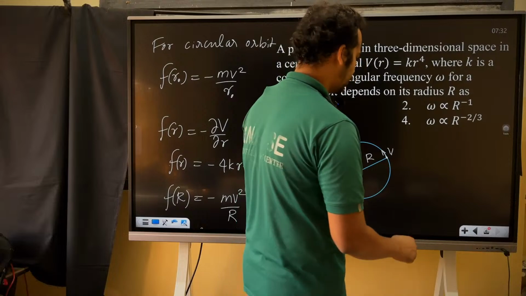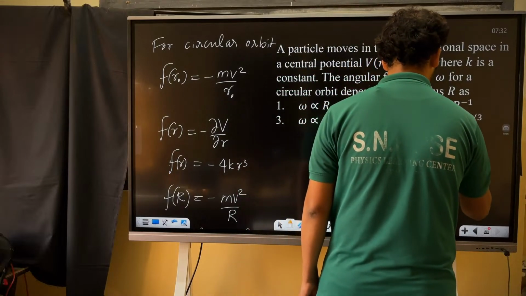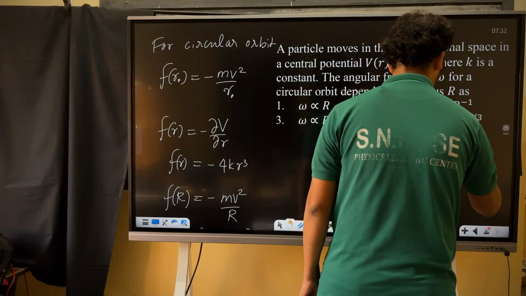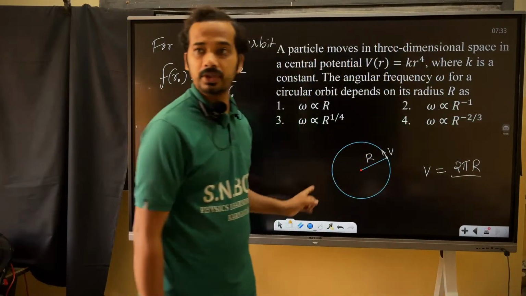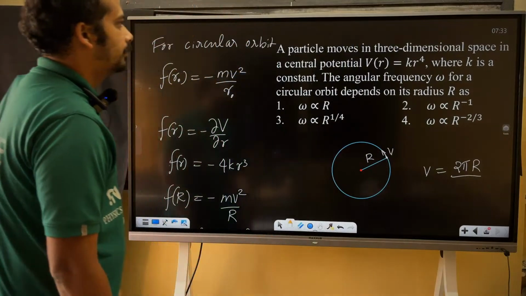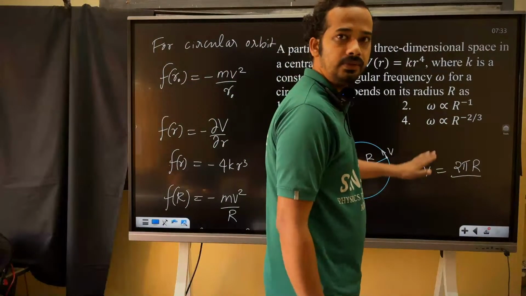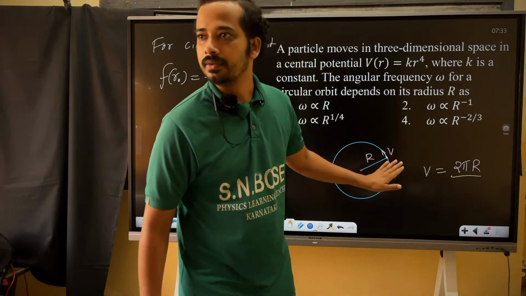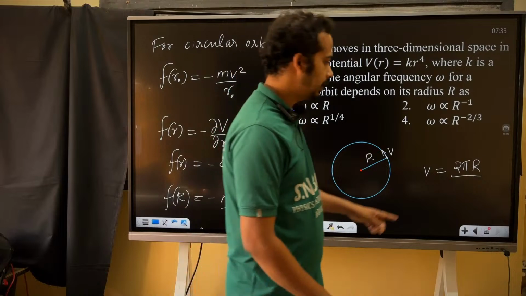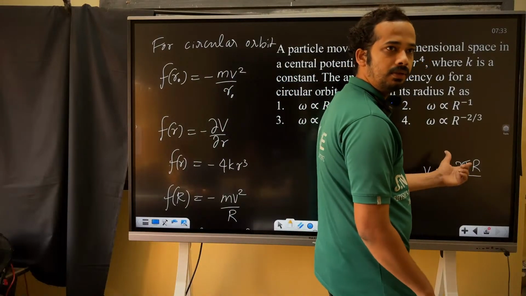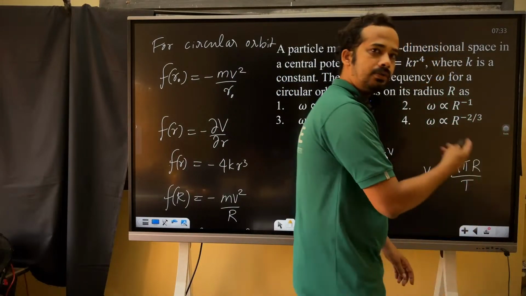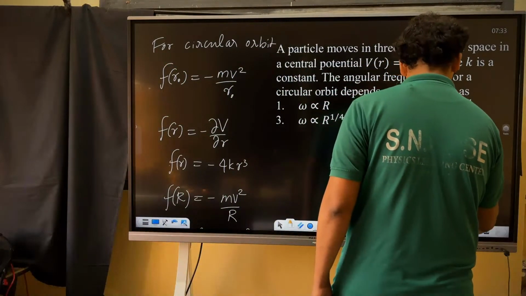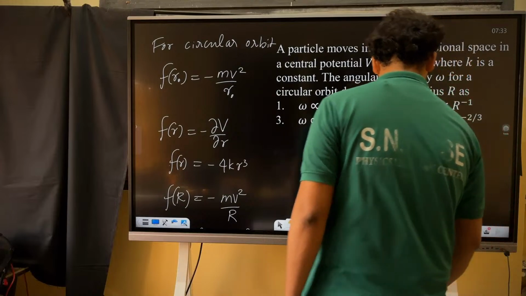Not velocity, but speed will be constant. That speed can be written as 2 pi r divided by the time it takes to trace 2 pi r. So the time period is equal to 2 pi r by v.